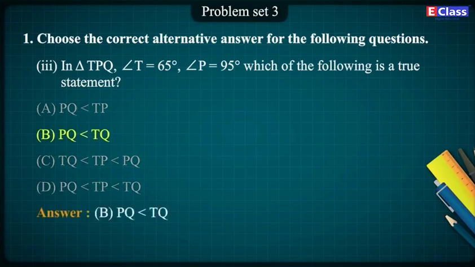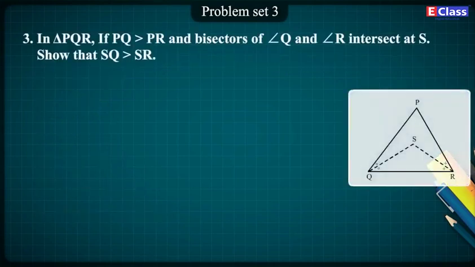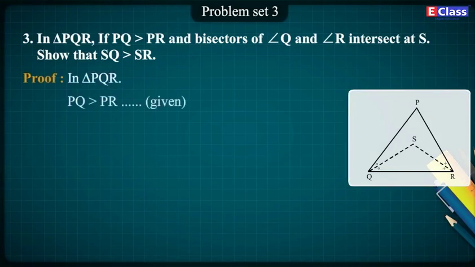Question number 3. In triangle PQR, if PQ is greater than PR and bisectors of angle Q and R intersect at S, show that SQ is greater than SR. Proof. In triangle PQR, PQ is greater than PR, which is given.